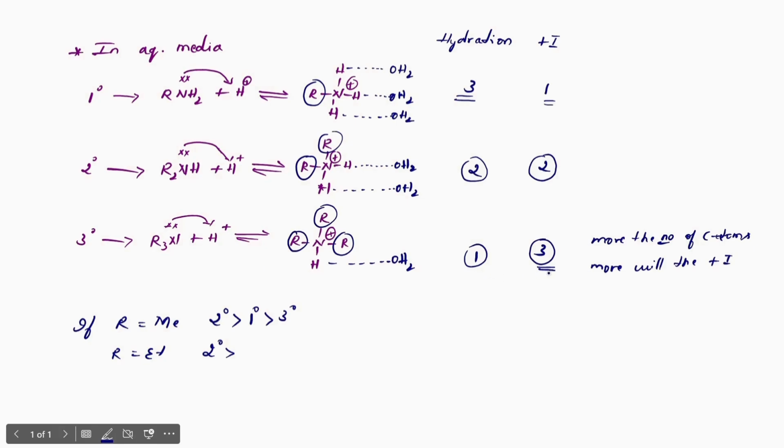So in tertiary amines, if R is equal to ethyl, positive inductive group takes the preference over the hydration. Therefore, tertiary amines are more basic than primary amines. This is the order you have to remember when R is equal to methyl and when R is equal to ethyl.